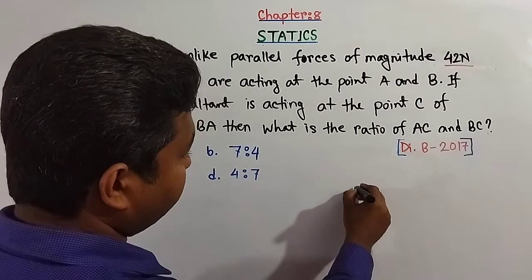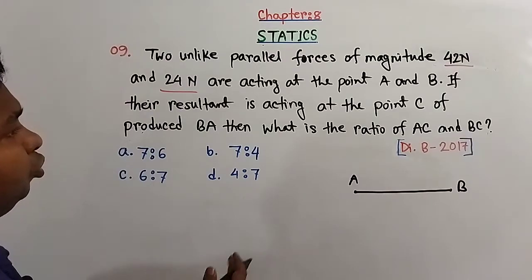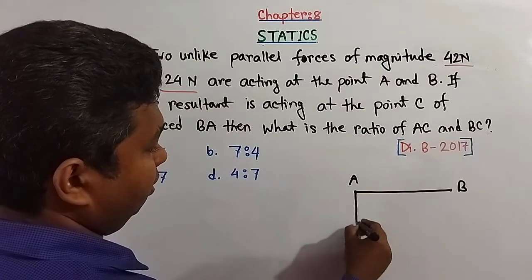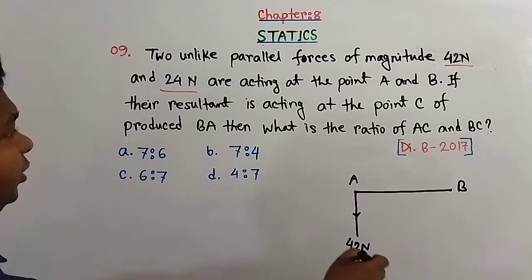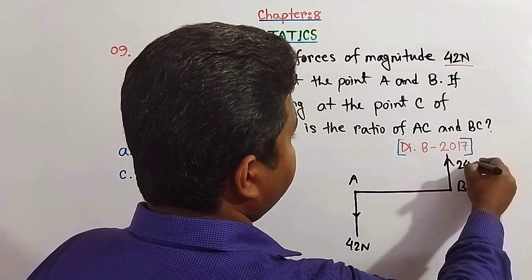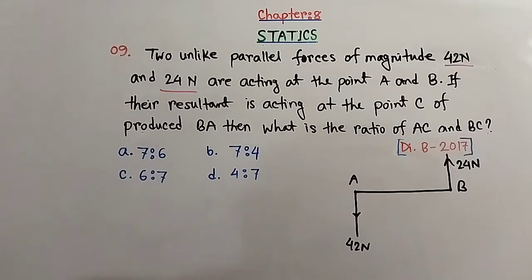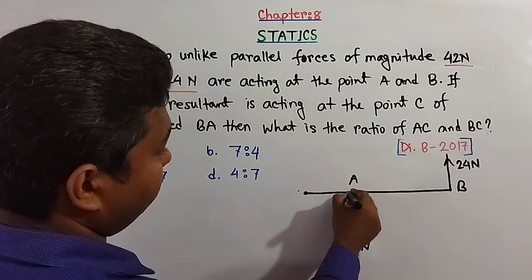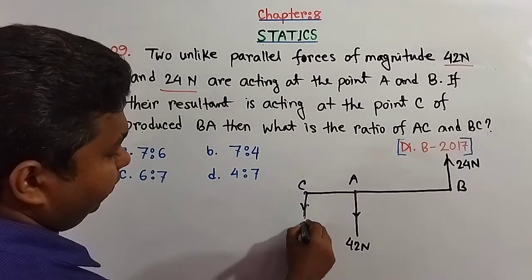Let this be our point A and this one our point B. Since those two forces are unlike forces, let 42 Newton act at A and 24 Newton at B, in opposite directions. Now the resultant force will act at point C, so let this be our point C.